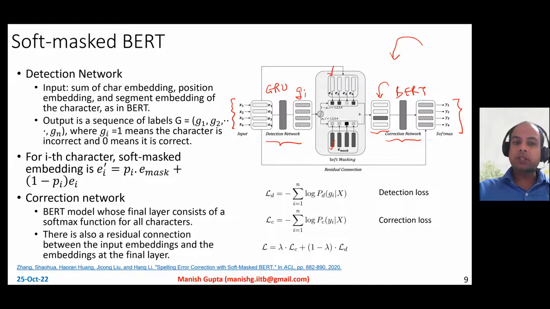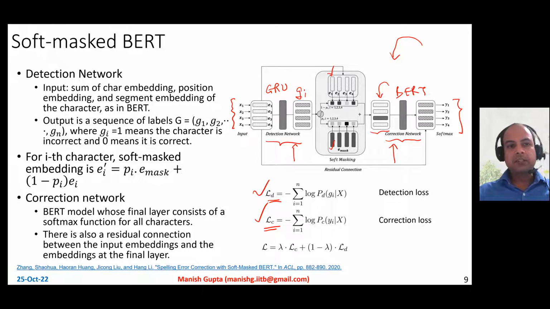Since there are two parts to the network, the detection part and the correction part, there are two loss functions. A detection based loss function: did you detect the character which was incorrect correctly? And then the second part is the correction loss, which is about, once you have been pointed out that this character was incorrect, were you able to correct it nicely?